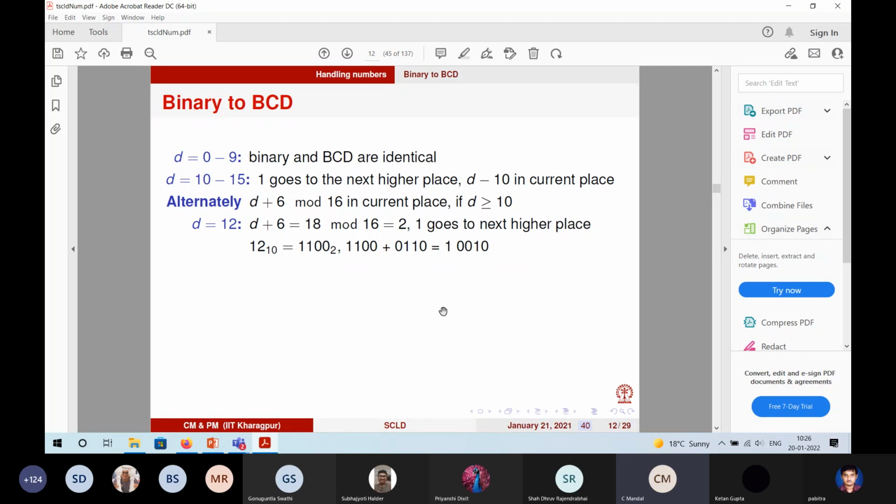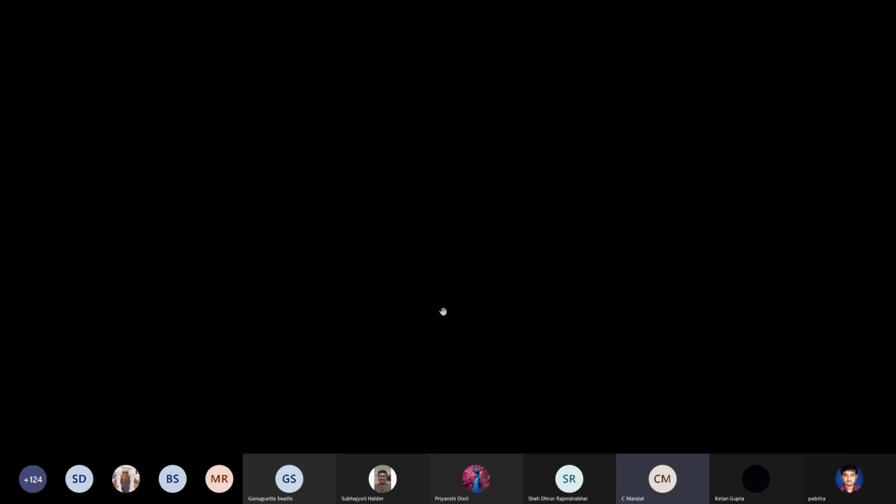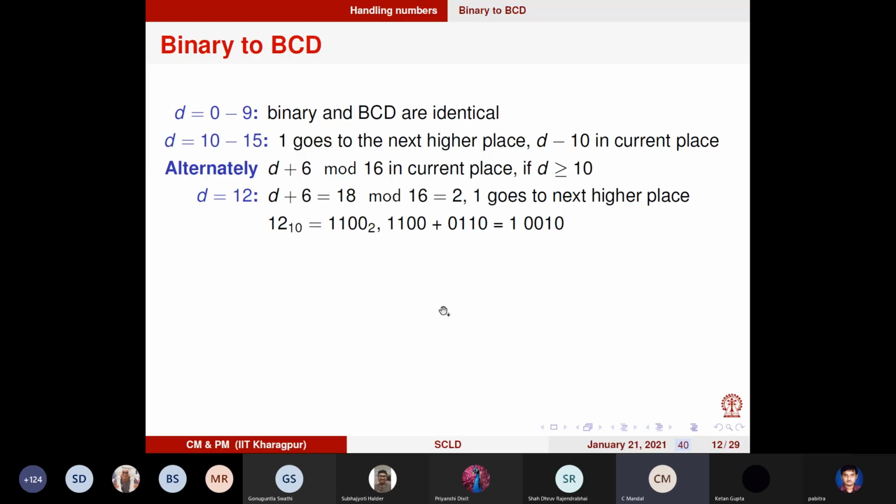Now 12 can be accommodated in 16 bits. So your result is 12, but you cannot directly represent 12 in decimal from the binary. So basically, the binary 12 has to be made into decimal 12. That is what is being explained.